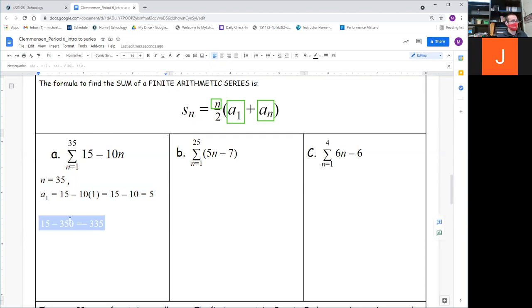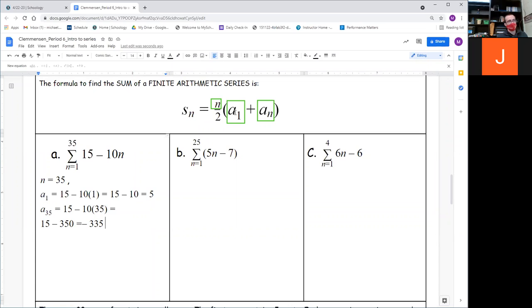Then I find my a sub n, which is a sub 35. A sub 35 equals 15 minus 10 times 35, 15 minus 350, negative 335.